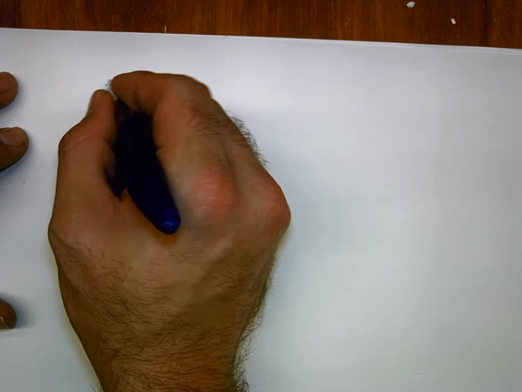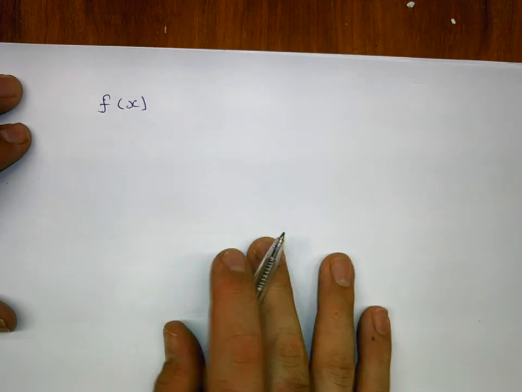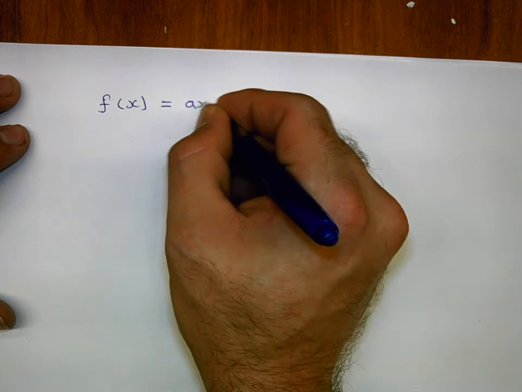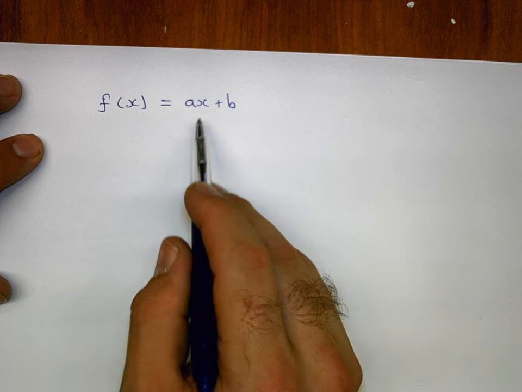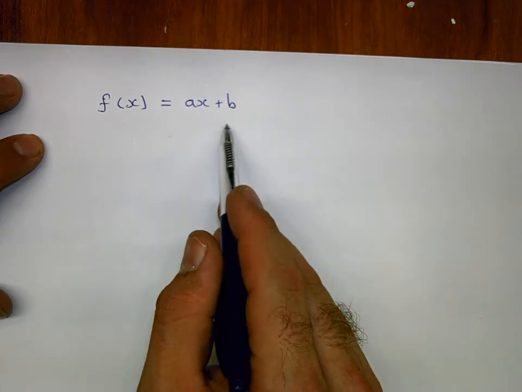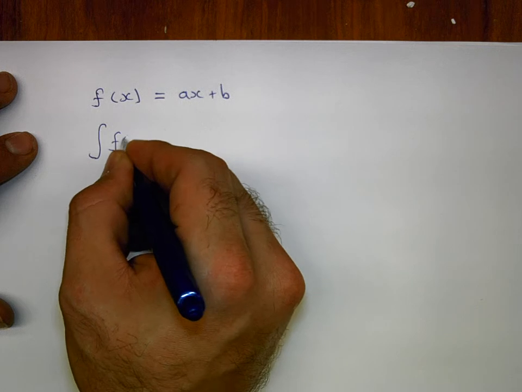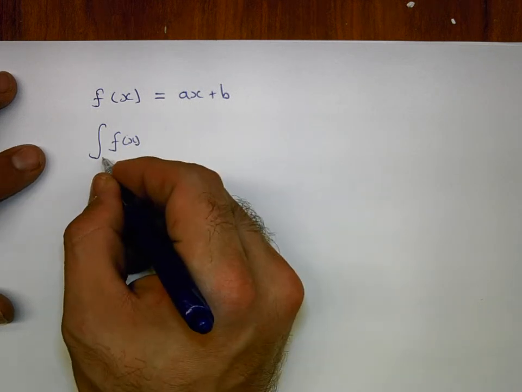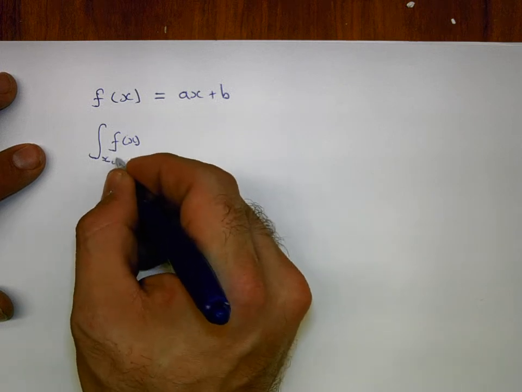So let's look at a simple function. Let's say f(x) is ax plus b, so a simple straight line. And I want to calculate the integral of this function. But remember, integrals are areas under a curve, so I want to calculate it between two values of x.